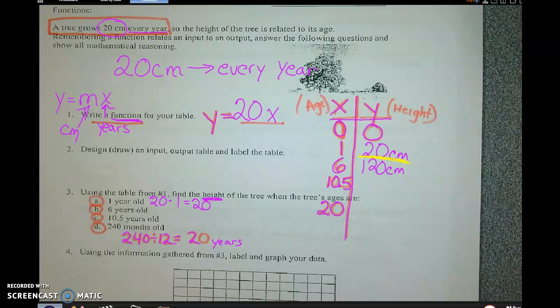Now, looking at B, when the tree is 6 years old, so 20 times 6, and that gave us 120 centimeters. And then you're going to go ahead and do C, and then also do D. For D, you're working with it when it is 20 years old to be able to find the height.